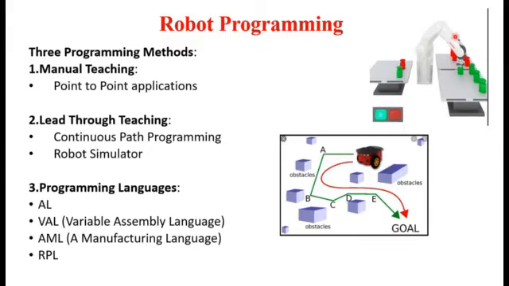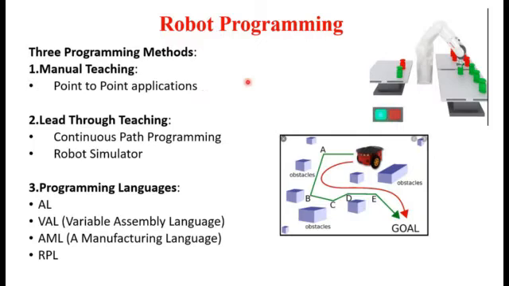Here we can see a pick and place type of robot, which picks from one point and places on the conveyor line. Point to point motion is defined from this point to this point. That is the case of manual teaching.